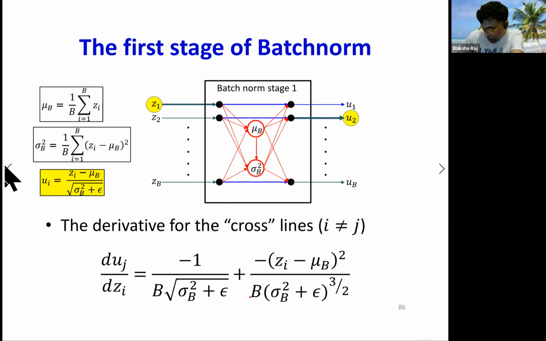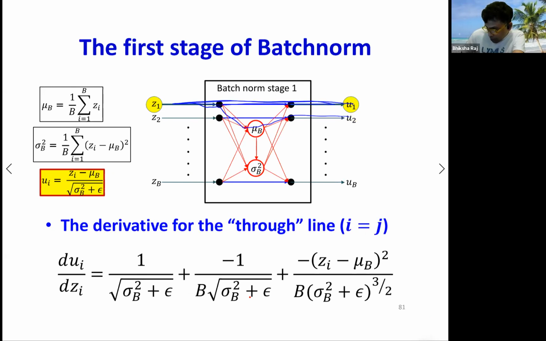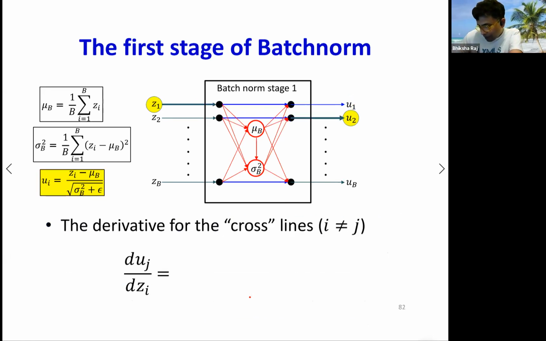So the derivative for the cross term is going to be the same as the derivative for the through term, except this guy is going to be missing. So this partial came over the direct line, which you don't have for the cross terms. But for the other two, the computation is exactly the same, right?